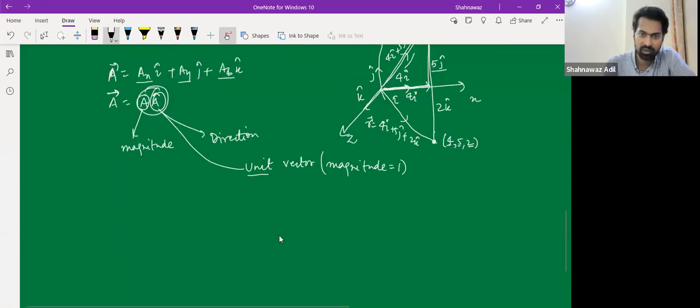Let's say you have A vector. So this is the geometrical representation of a vector.